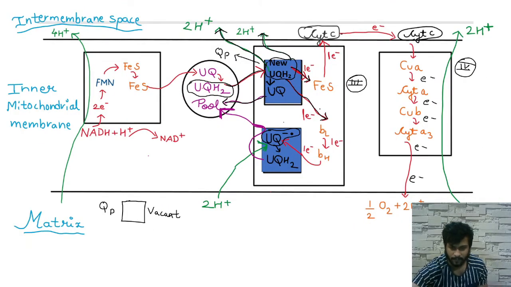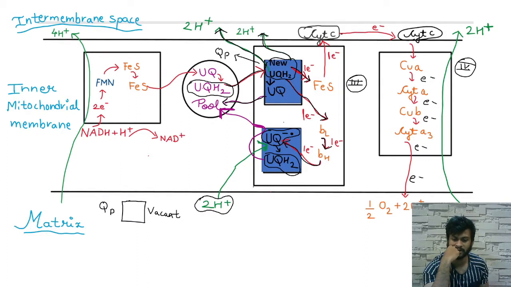This semiquinone will accept the electron following this pathway or this route, and when the partially or semi-reduced UQ semiquinone accepts this electron, it will get converted into fully reduced ubiquinol, right? And to form this, we will require 2 H plus ions from the matrix.